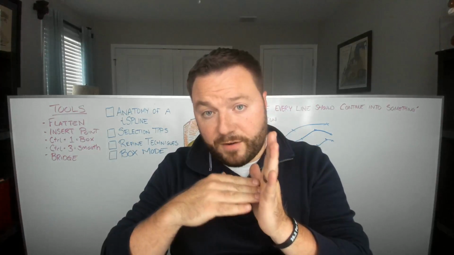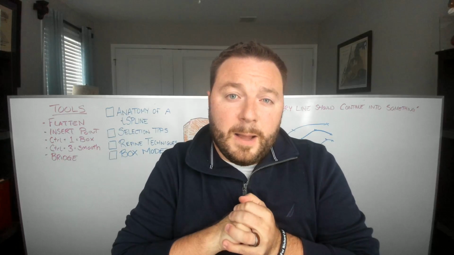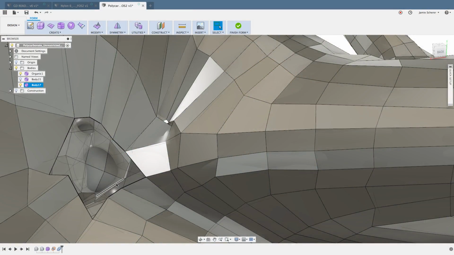It'll create T vertices or a T intersection in those instances. But the other thing you can do if that's not going to work for you is there's a tool called Insert Point. Now you can use Insert Edge, which inserts an edge, or Insert Point allows you to select along an edge and basically split that face between 2 points.